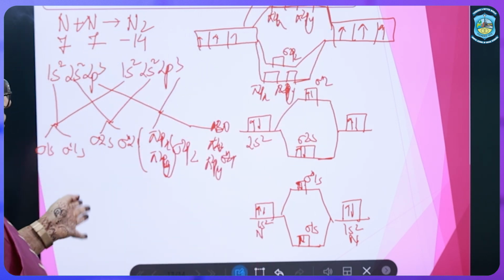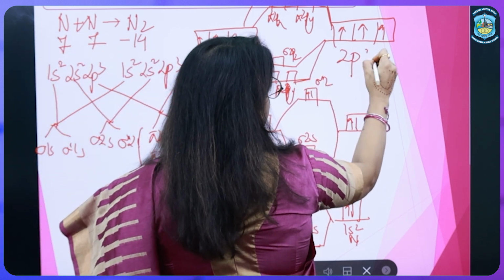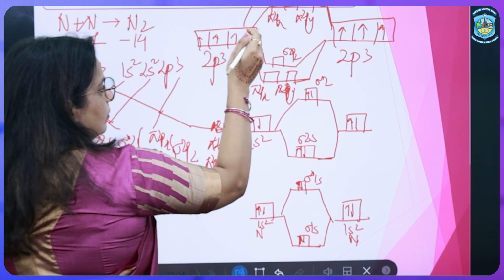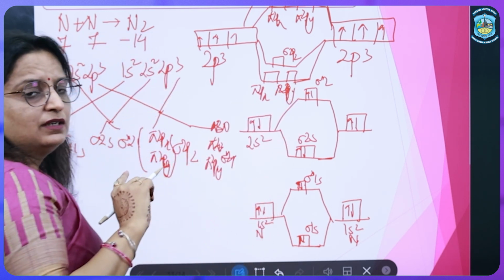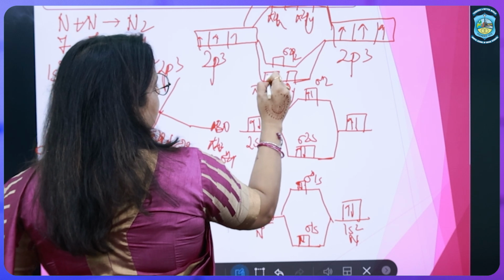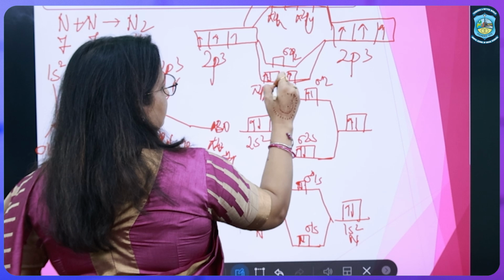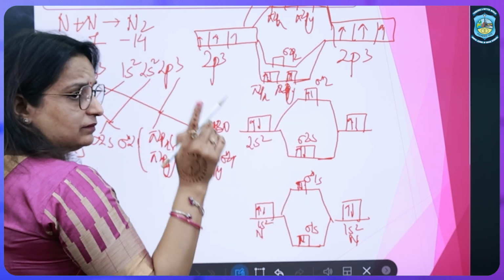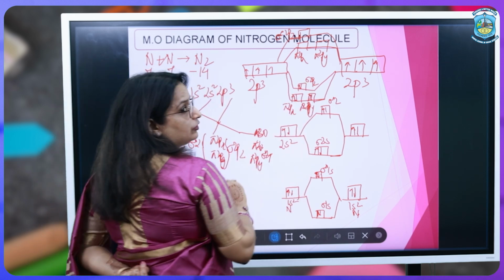Now you can see 3 electrons on this side, this is 2p3, and 3 electrons on this side, this is 2p3. So a total of 6 electrons are to be accommodated in the molecular orbitals. Starting with the 2 degenerate orbitals, as you have seen in Hund's rule and Pauli's exclusion principle, first we put a single electron in both, then we do pairing. With 4 electrons occupied, we are left with 2 electrons and they will be present in sigma 2pz.